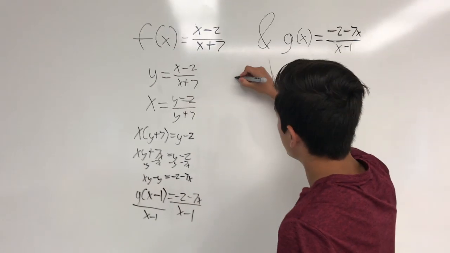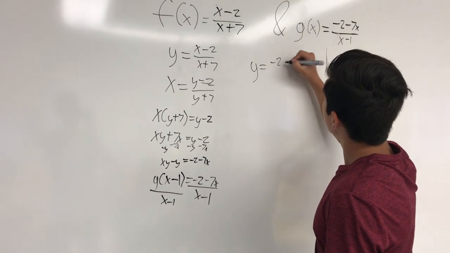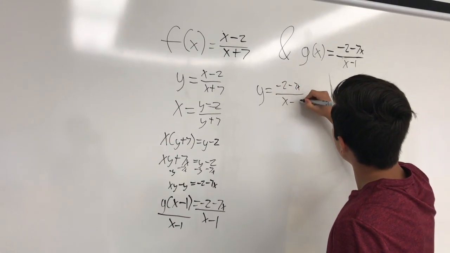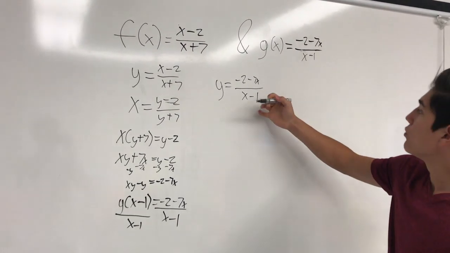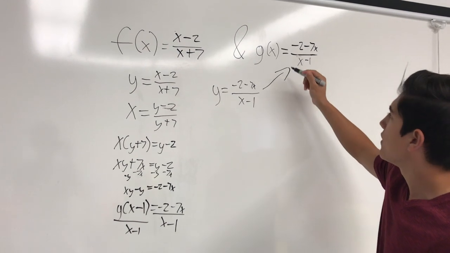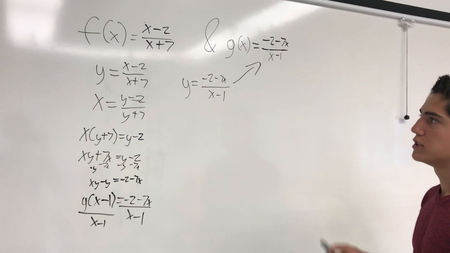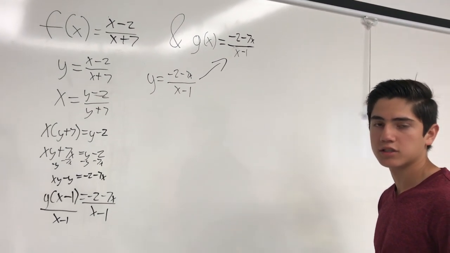After that, we will have something like that, and we can compare it with g of x, and we can see that it's actually the value that we were looking for. So we can conclude that these are indeed inverse functions.